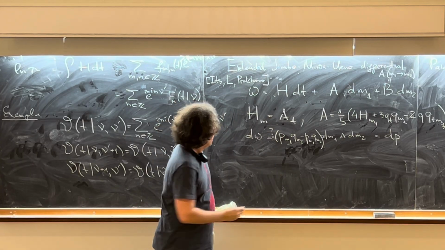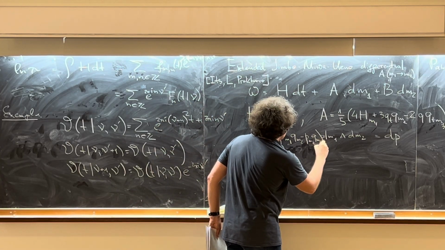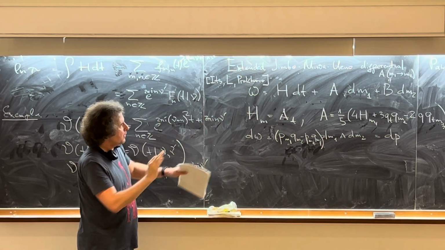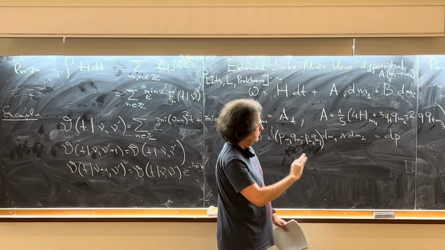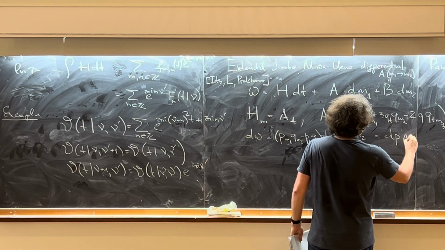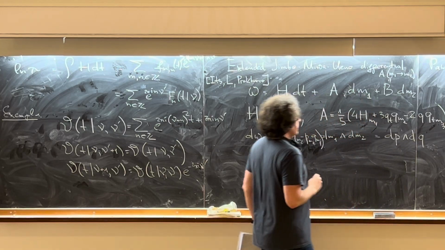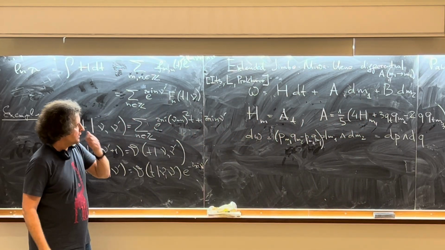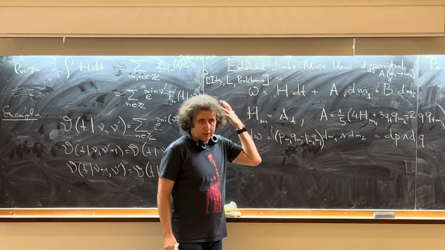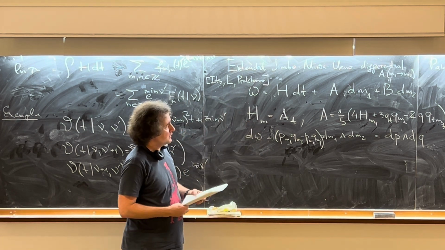M1, M2. Ah, okay, M2, M1. So I hope I get the signs right, but hopefully the idea is clear. And so the point is that now what we get is the symplectic form relevant to our initial Hamiltonian form of Painlevé 6.